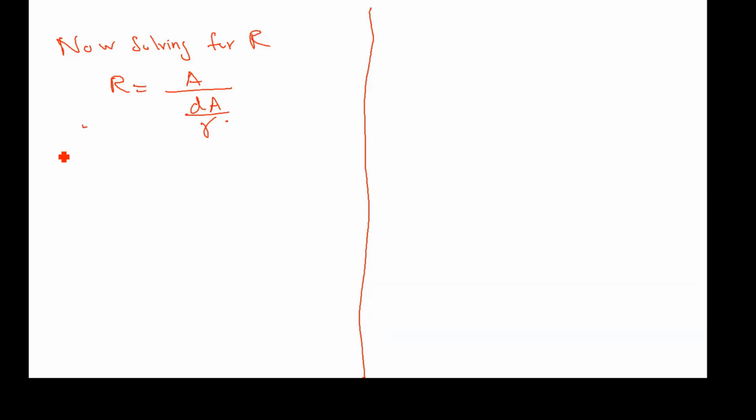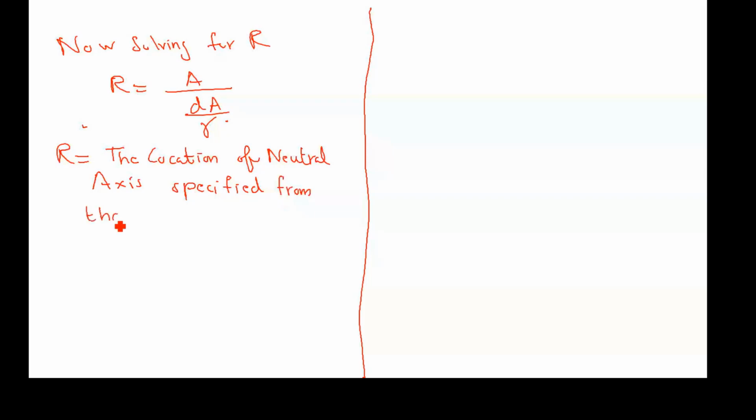By comparing from the figure, you will remember that r is the location of the neutral axis, specified from the center of curvature O of the member.